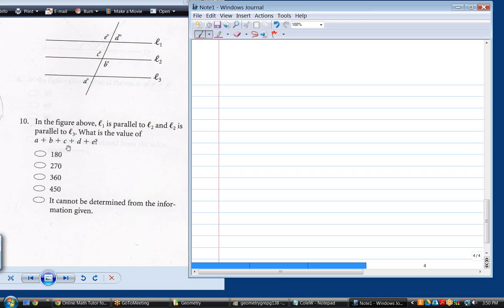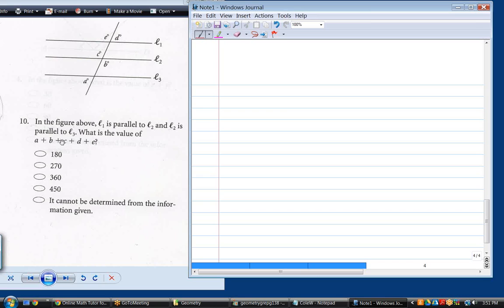Good. What's the value of C plus D? 180. And what's the value of E? I don't know. We don't know.